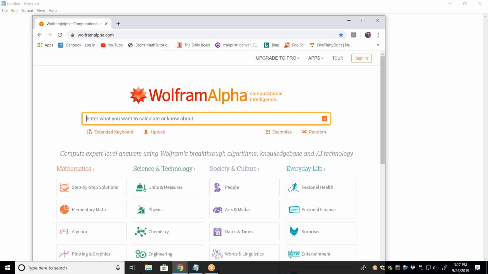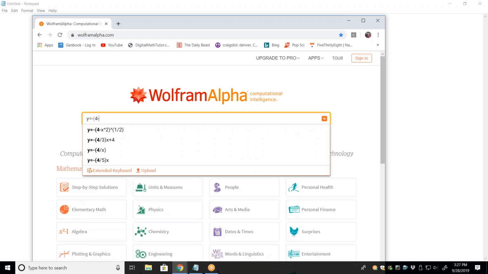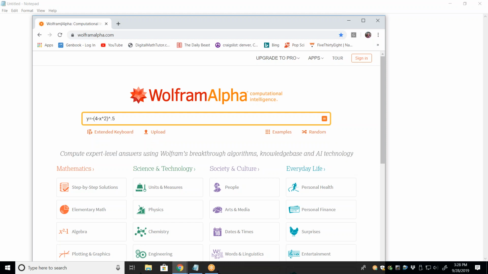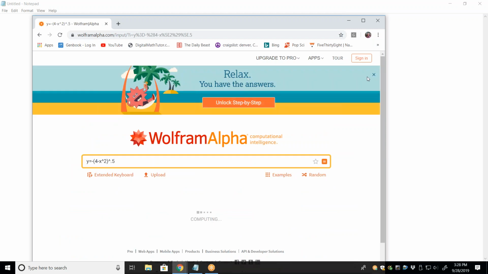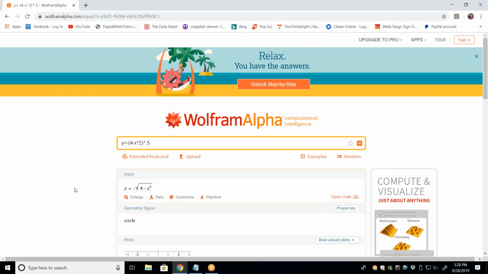So I can say y equals negative 4 minus x squared raised to the 1/2. And it will tell me what I put in. That's what I love about this. In other words, I put in the correct thing. Can you see what it shows you, the input?